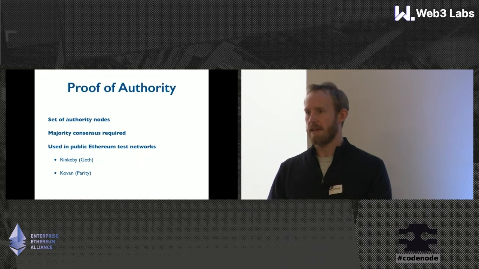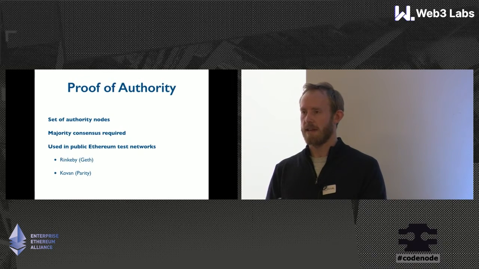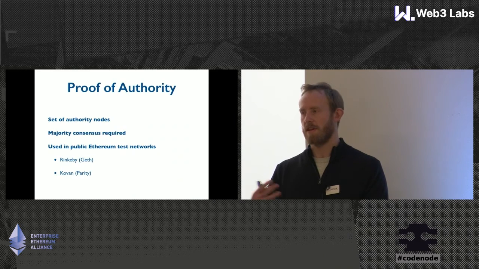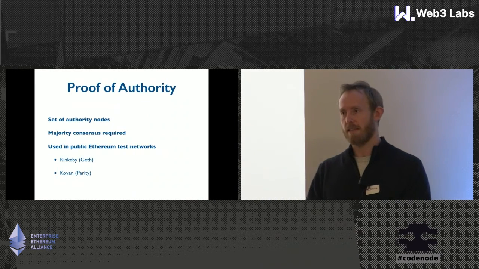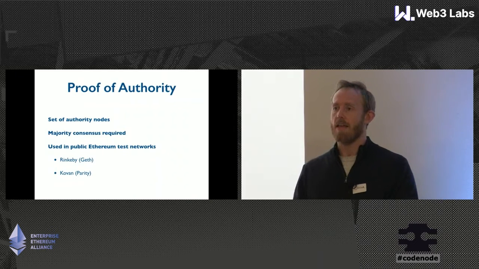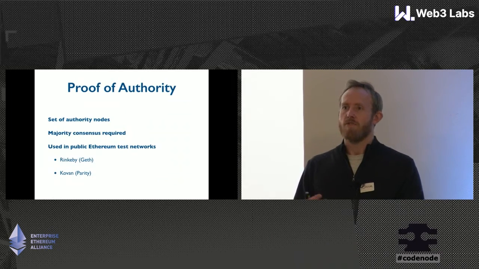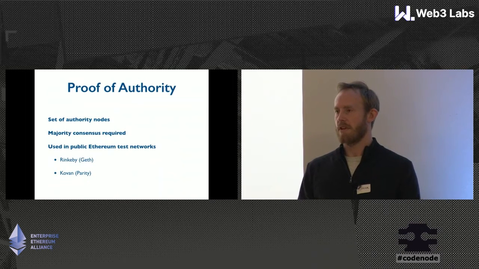You take a certain number of nodes and say, right, these are your validators, and they propose blocks which contain all the transactions that have happened since the last block. If the other nodes are okay with it, they say thumbs up, fine, and it gets added to the blockchain, and then they keep going.